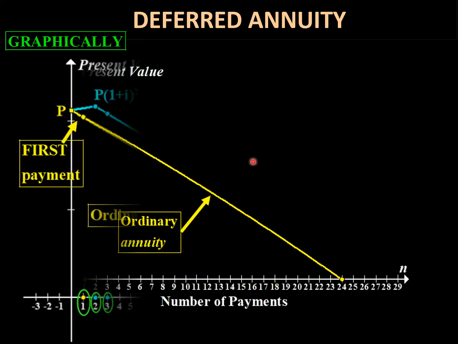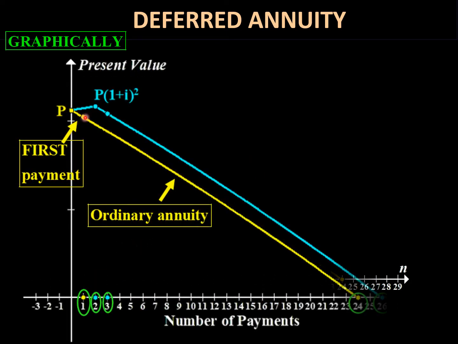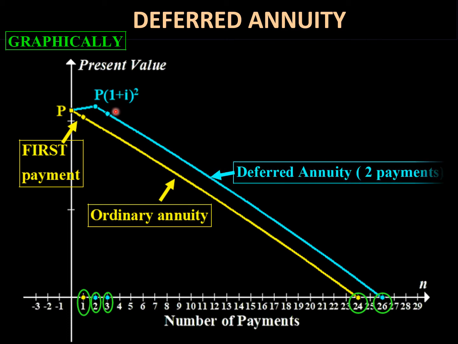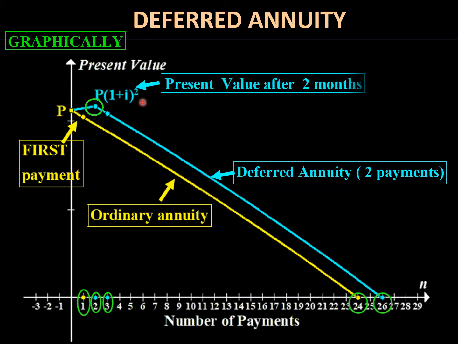But if you look at the deferment, you can see for 2 months you have not made any payments. So during those 2 months, your loan amount has grown. There's a compound growth taking place, right? So then, and this blue will refer to the deferred annuity graph there. So there you have the growth, and that will be the present value times (1 + i), and it's for 2 months.